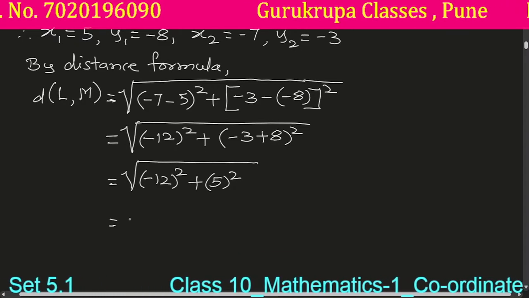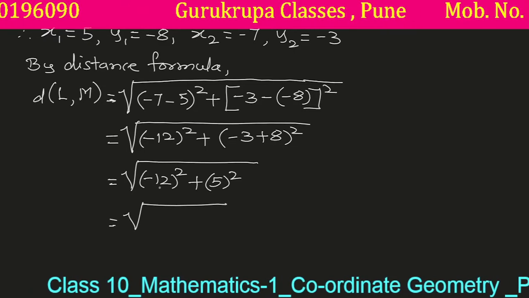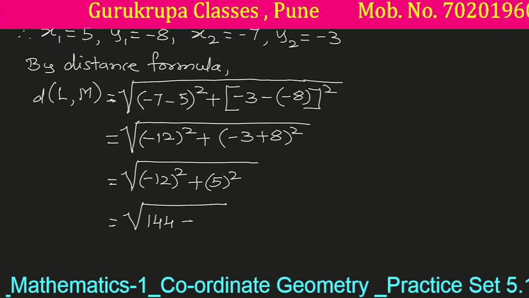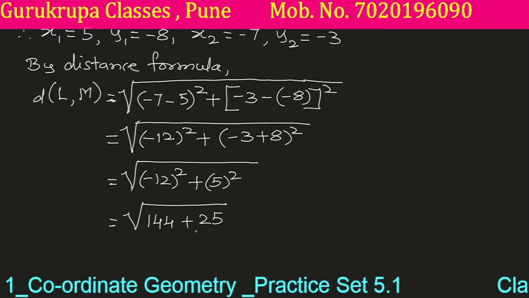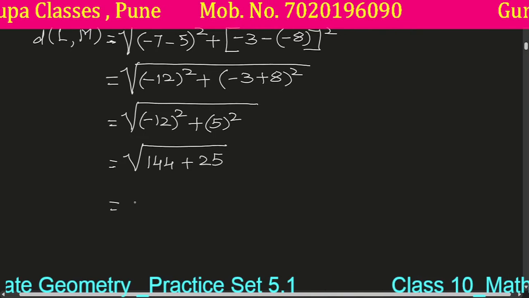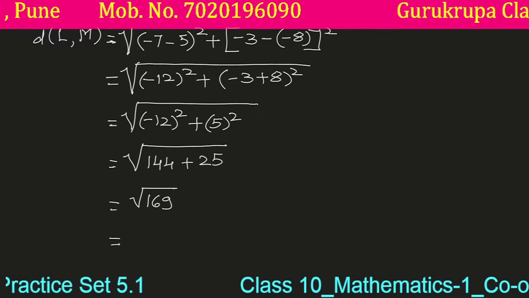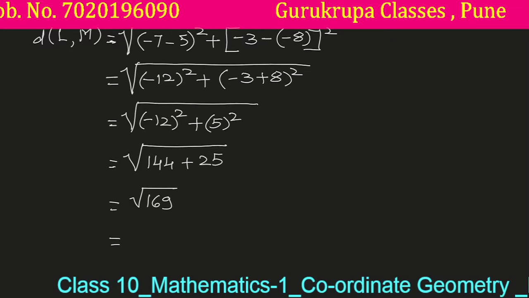So now taking the squares of these two numbers and summing them, minus 12 square is 144, because a square is always positive, and the square of 5 is 25. So the answer we get is 169, which is the square of 13.